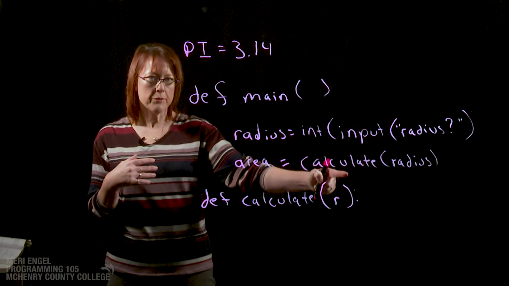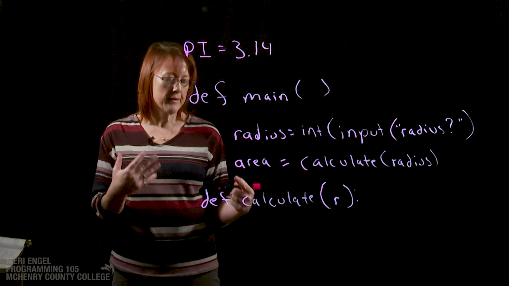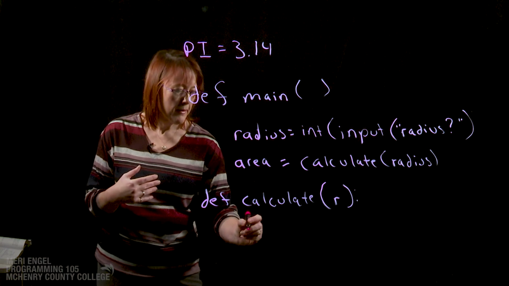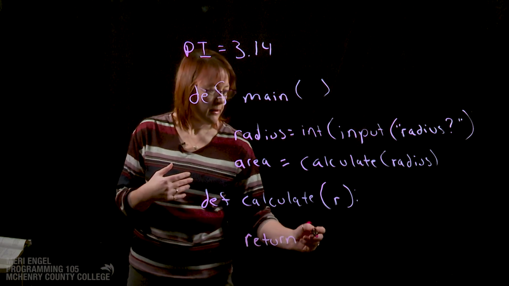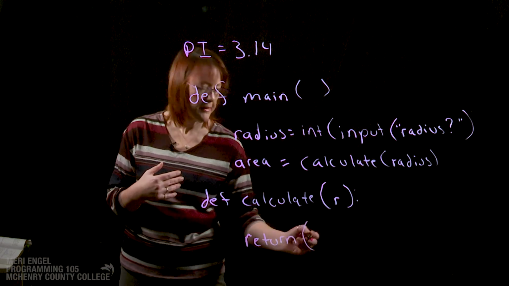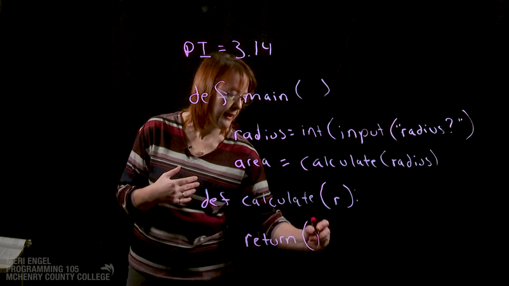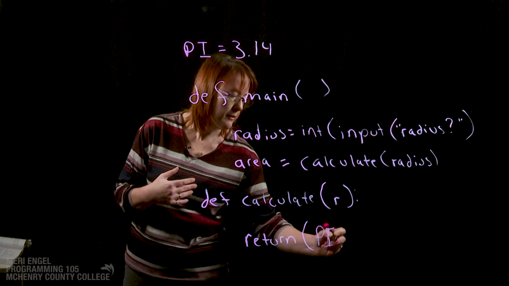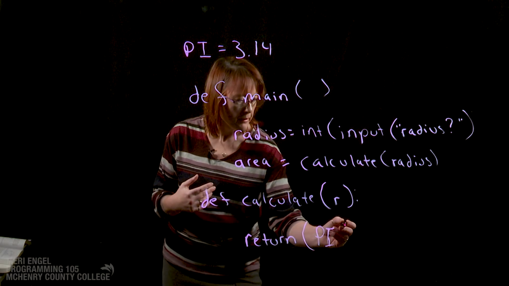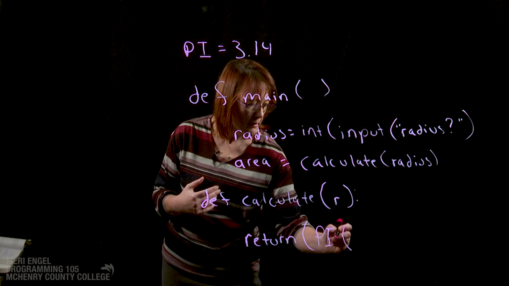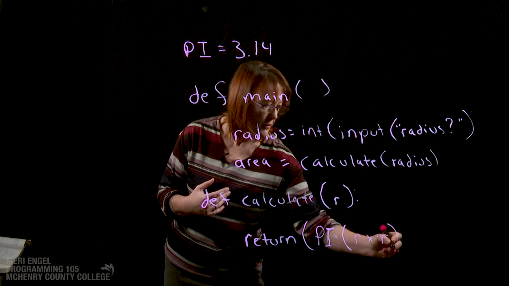So we're sending it radius, which is stored in the value r, which we don't have to redeclare or do anything with. We can just calculate it, and we can do return, and then in parentheses I'm going to have pi, and to make it clearer, because we're going to do r squared, I could do the r and the exponent, or I could do r times r, which is squaring it.